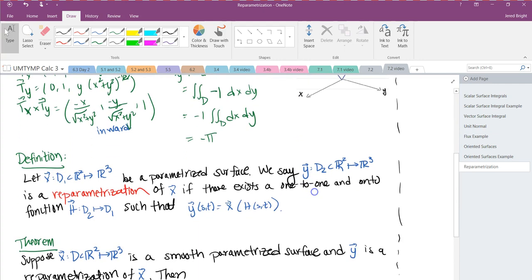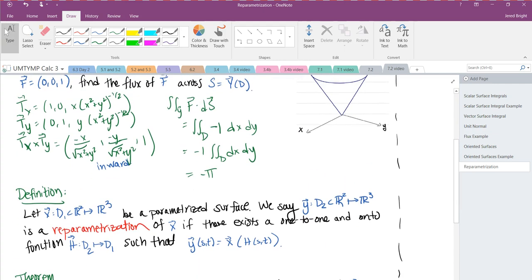And the idea here is that we implemented a reparametrization, or we hope there is a reparametrization. So we have a parameterized surface X from before, that was our previous example, and then we have a new parameterization, Y, that we implemented here, and what we hope is that there's a one-to-one and onto function, meaning it's really bijective, that it's invertible, such that there's some way to get from X to Y via this function h.